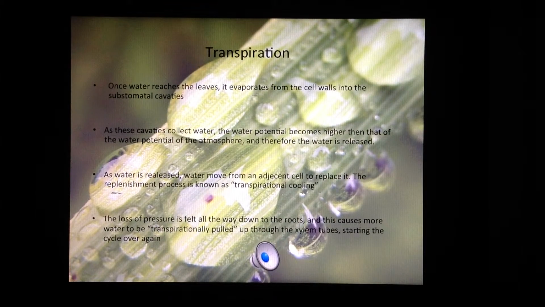As water is released, water moves from an adjacent cell to replace it. The replenishment process is known as transpirational cooling. The loss of pressure is felt all the way down to the root.